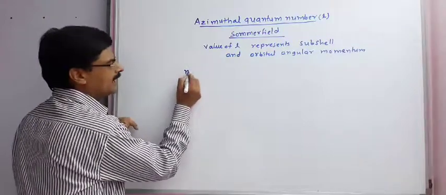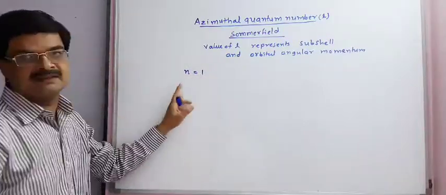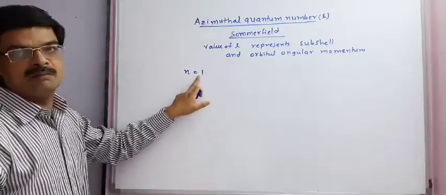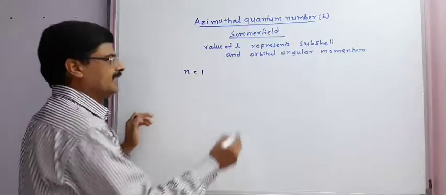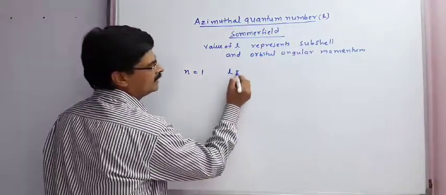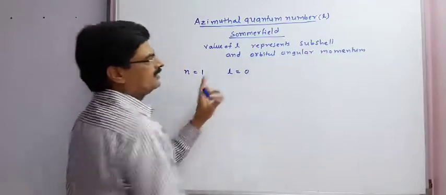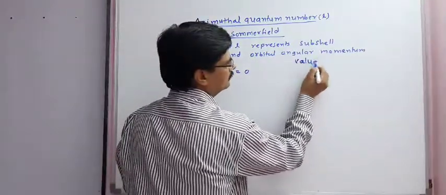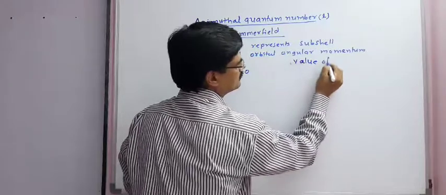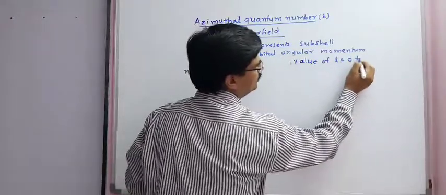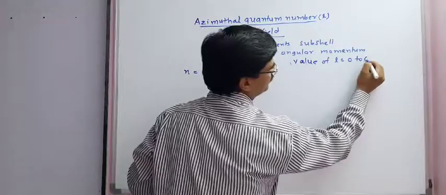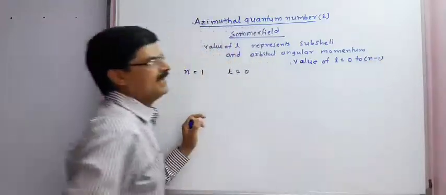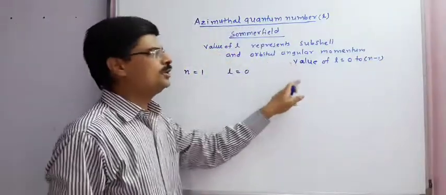If value of n is equal to 1, that is principal quantum number value n is equal to 1, then value of l is equal to 0 because value of l is equal to 0 to n minus 1.